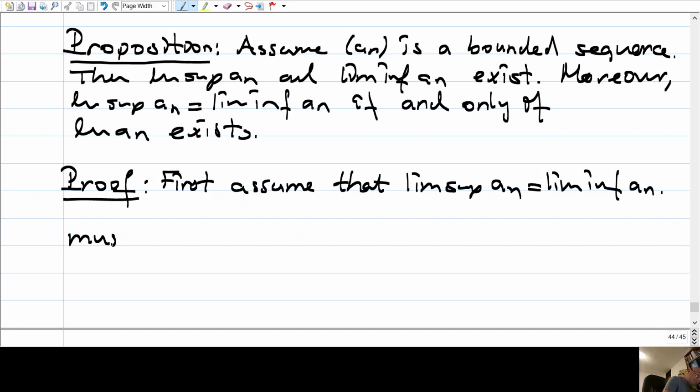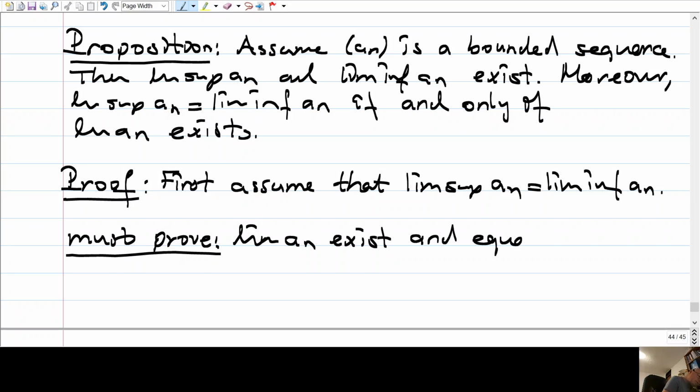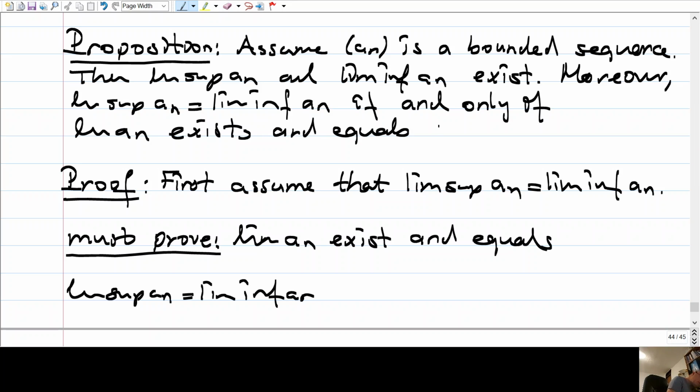We must prove that limit an exists and equals this common value, lim sup an, which is equal to lim inf an.